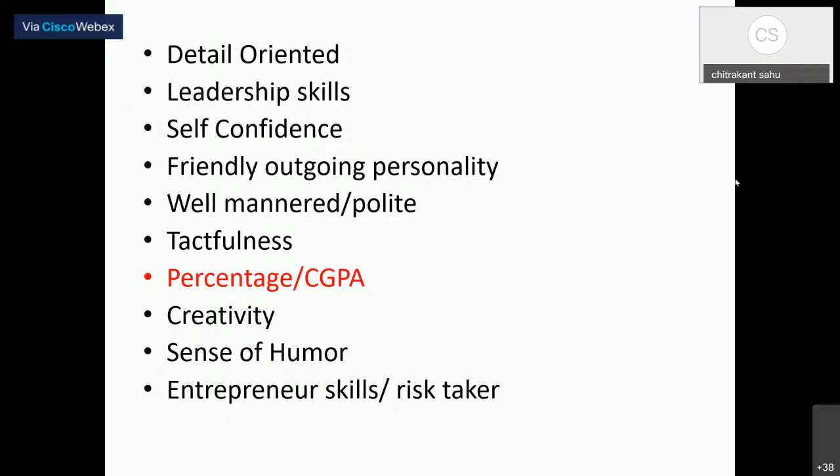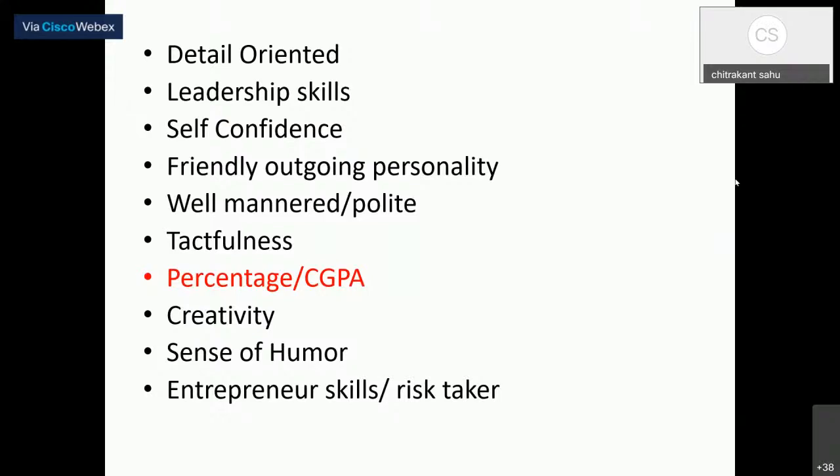In a traditional teaching method, which is a teacher centric approach, the teacher delivers the lecture, the student grasps the things, appears for the examination, and finds out the grades. So they mostly focus on percentage and CGPA. But here you are looking at a number of different attributes.